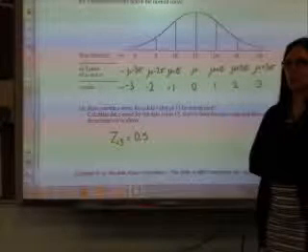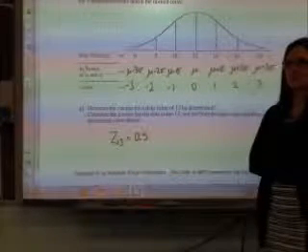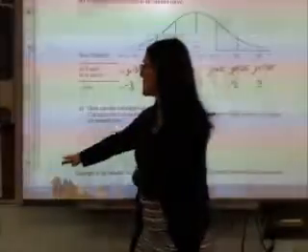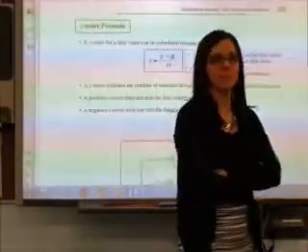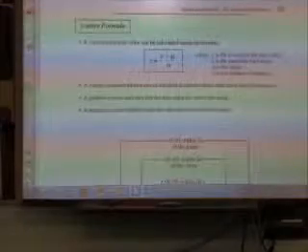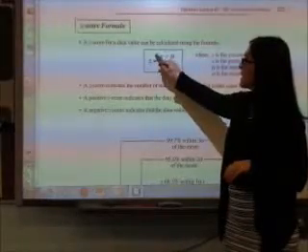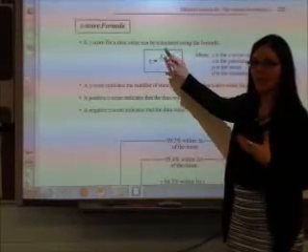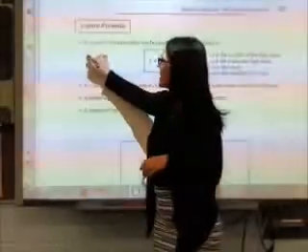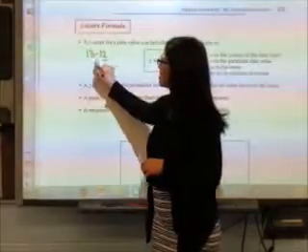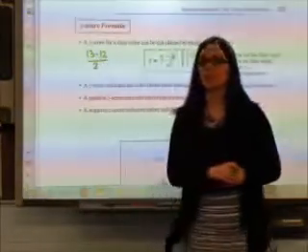Starts to become a little bit more complex. That's why we have a formula. To calculate the z-score, we take the data value, so in our 13 example, 13 minus the average of 12, divided by the standard deviation of 2.